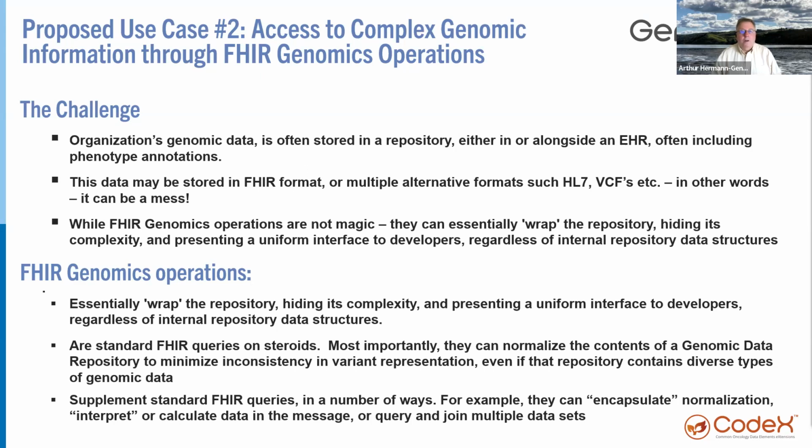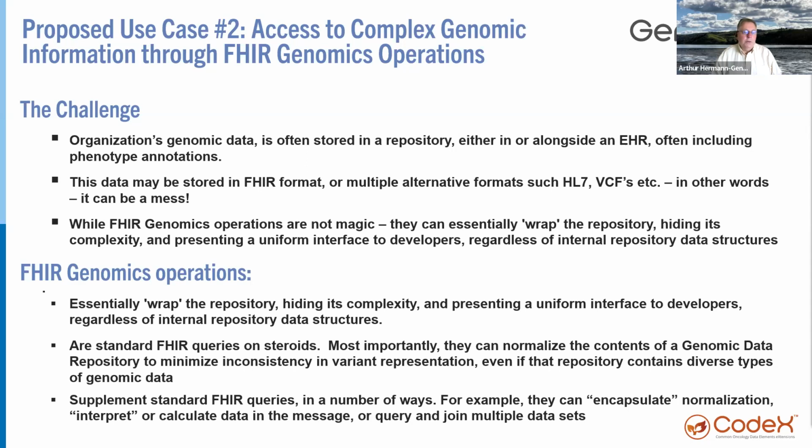They've done an incredible amount of work to get there already, and it's exciting because there's a lot that you can do, and the key here is normalizing, kind of encapsulating the normalization of those data stores as a kind of foundational component of the genomic operations.